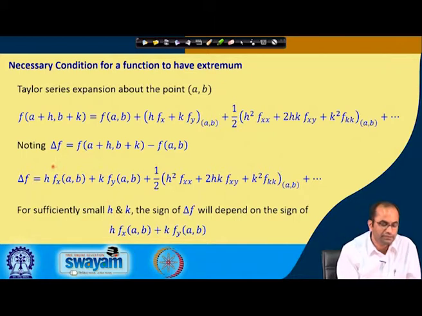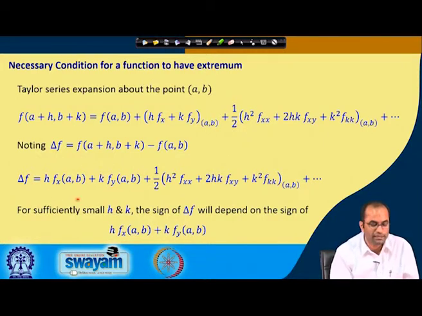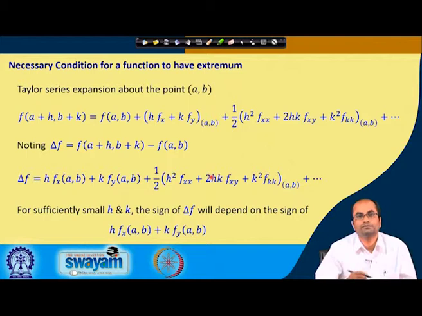These are the leading terms in terms of h and k. So, for sufficiently small h and k, the sign will be determined by the sign of this term. If this is a positive term, delta f will be positive. If this is a negative term, delta f will be negative, irrespective of whatever we have here, because these are the higher order terms in terms of h squared and the product of h and k.